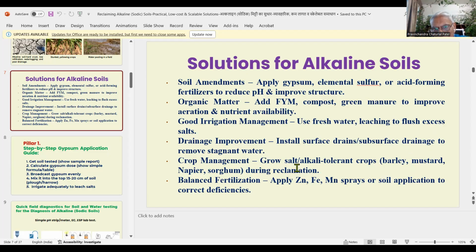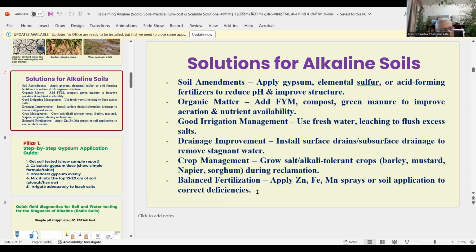For crop management, grow salt and alkali tolerant crops like barley, mustard, napier, and sorghum during reclamation. Balance fertilizer: apply zinc, iron, and manganese by spray or soil application to correct deficiency.